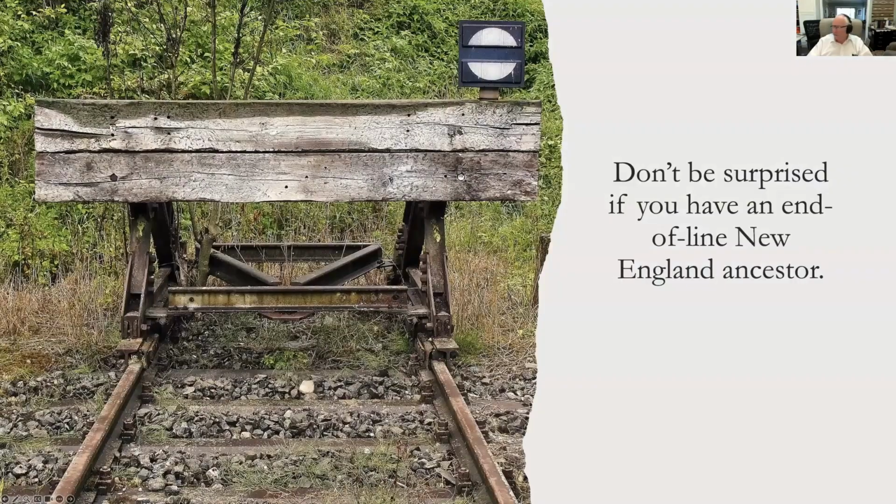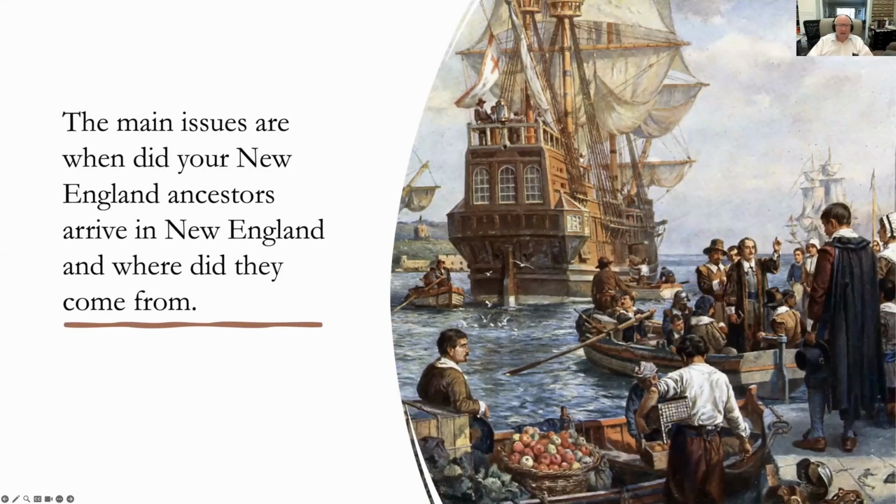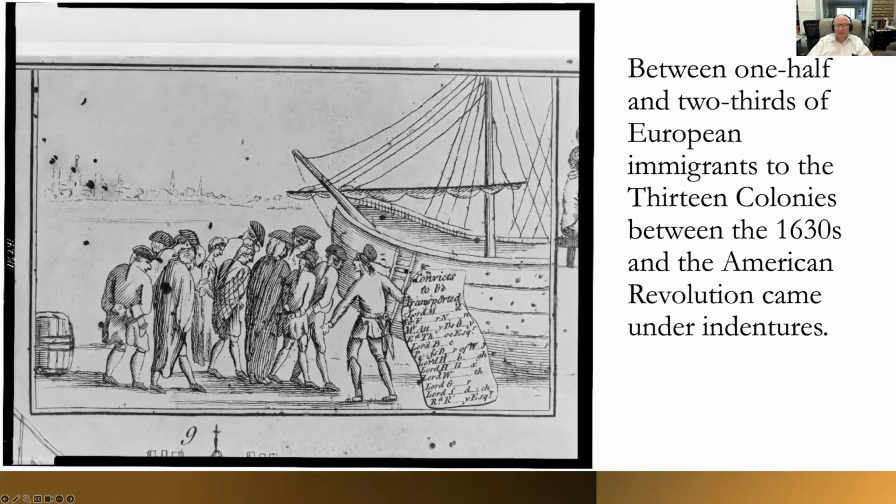And don't be surprised if you have an end of line, because the main issue here is, where did they come from in England? It's entirely possible to research somebody back to the 1600s if that's when they arrived in New England, but to go back to where they came from is the real trick. And here's the reason. One half up to two-thirds of the European immigrants to the 13 colonies between the 1630s and the American Revolution came as indentured servants.